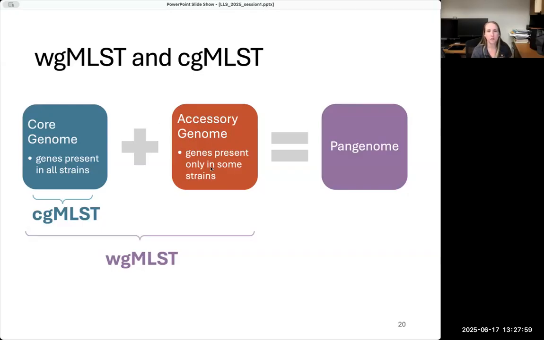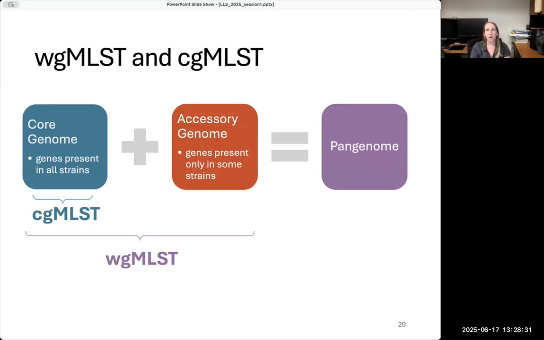And then there's also going to be an accessory genome. So it's genes that are present in only some strains. That may be antibiotic resistance genes that they've picked up or other genes that not all strains in that species have. And together, those will make up the pangenome. And so when we're doing core genome or whole genome MLST, the core genome MLST is only going to include the core genome, and the whole genome MLST would include the core genome plus the accessory genome.